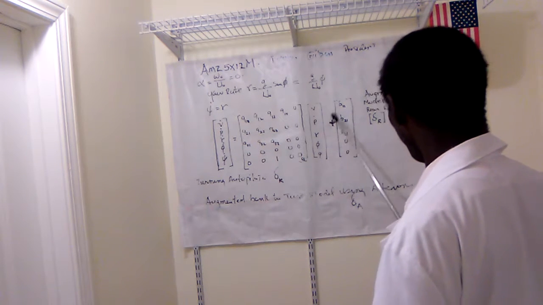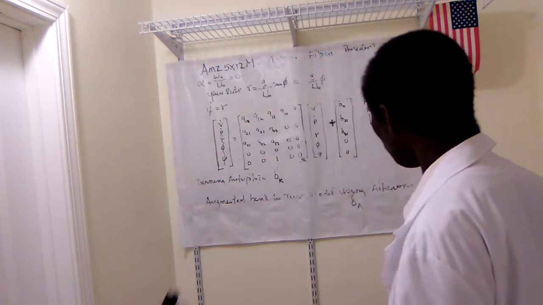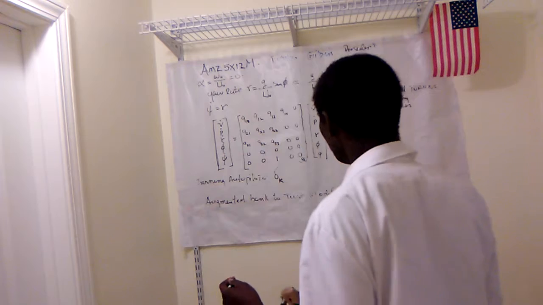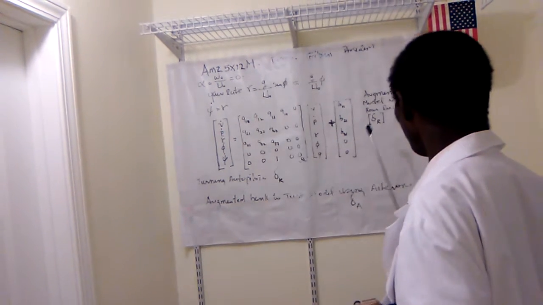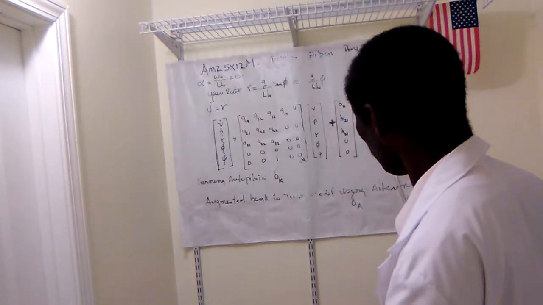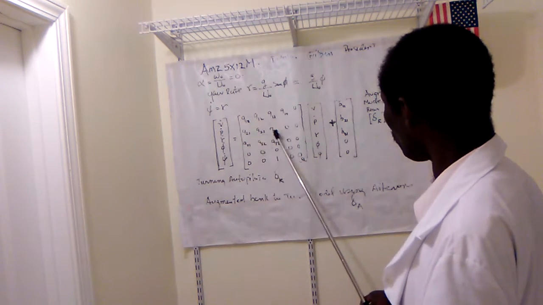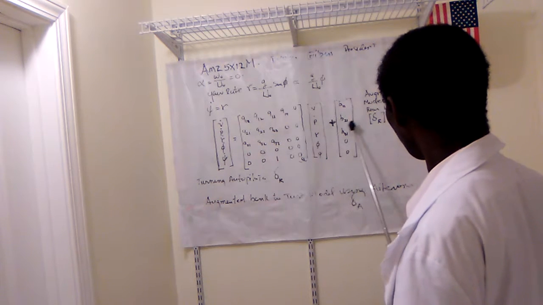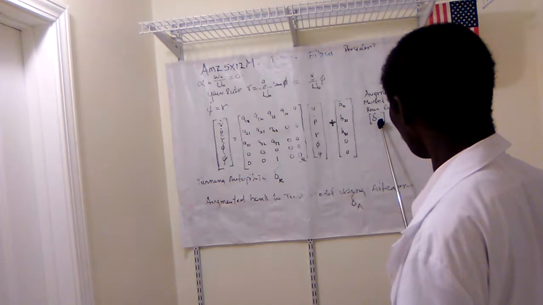And this is plus B11, B21, B31, 0, and 0. And this is the equation for the augmented turning model using the rear rudder, delta R. And so turning autopilots will use this equation for turning using the rear rudder.